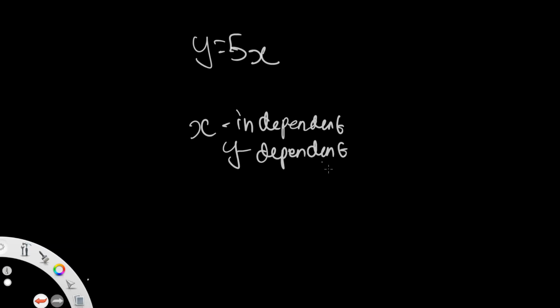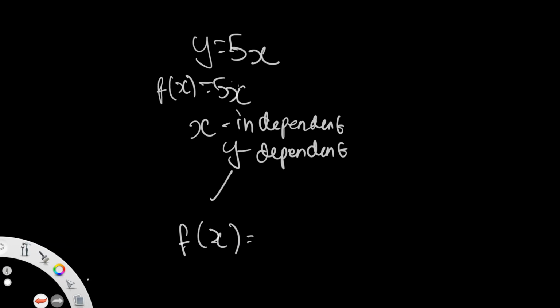Then the function notation for y is f of x is equal to x being altered. So here we would get f of x is equal to 5x, since f of x is equal to y, or f of x is the output, so that's dependent.